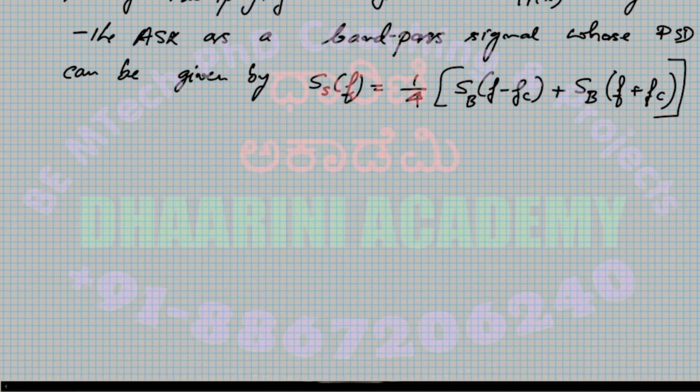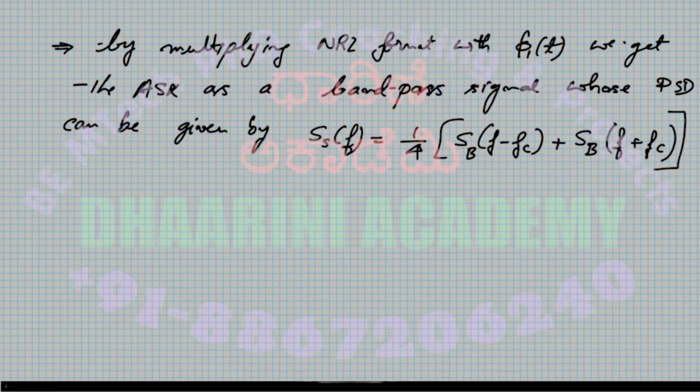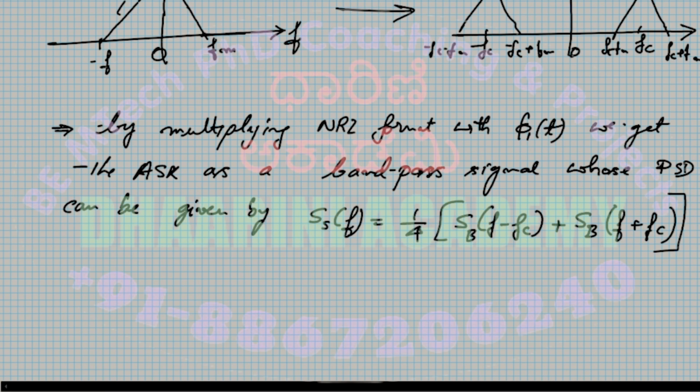So directly use this equation and substitute. All right, it's a standard equation to convert a baseband PSD to a band pass PSD. SB is baseband PSD, SS is the band pass PSD. So to convert that, this is the equation, which means I have to substitute the SB of F over here. So let me write this equation. This implies now SS of F is equal to 1 by 4 into, first you write the SB of F with F being replaced as F minus FC.